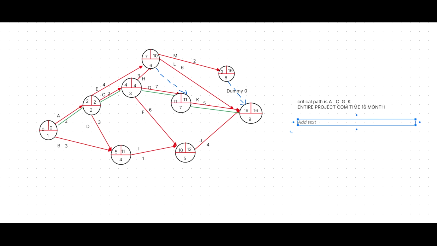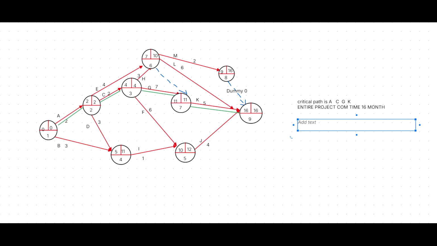Then the question asks B, D, E, can be delayed because of the same thing. It's a non-critical activity, can be delayed.